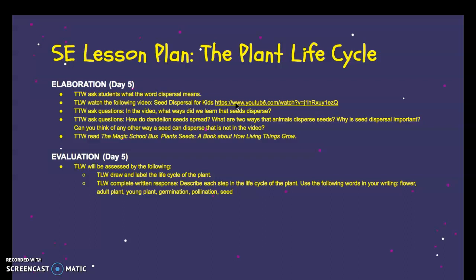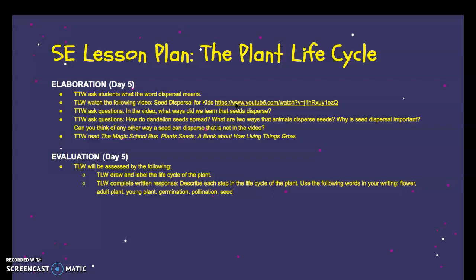They will be able to recall what they've learned from the video and explain the different ways that seeds are dispersed that they see in the video, but they also are going to think about other ways they feel that seeds may be dispersed. And then at the end of that, the teacher will read The Magic School Bus Plants Seeds, a book about how living things grow. And then day 5 will end with the evaluation.